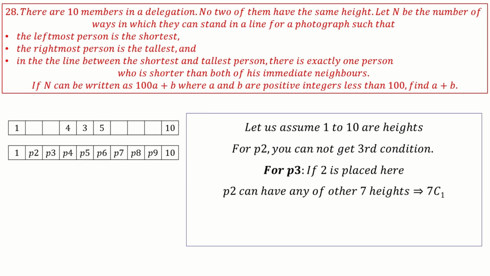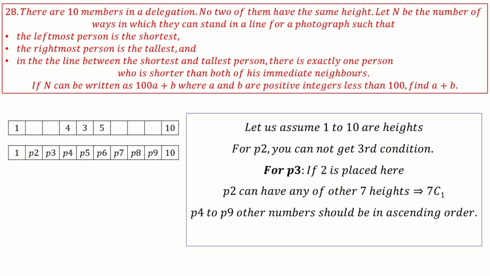If you place the person with height 2 at P3, then P2 can have any of the other 7 persons. To satisfy the third condition, you need a taller person than 2, and all 7 are taller than 2. So you can place any person in P2. That means you have 7C1 possibilities at P2.